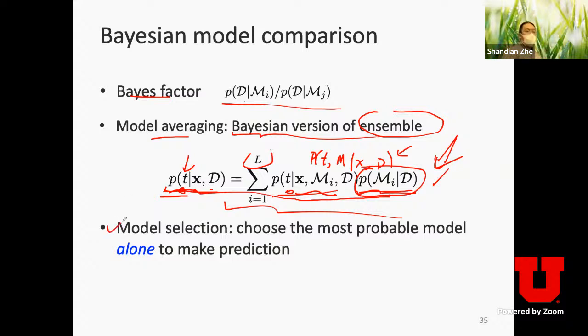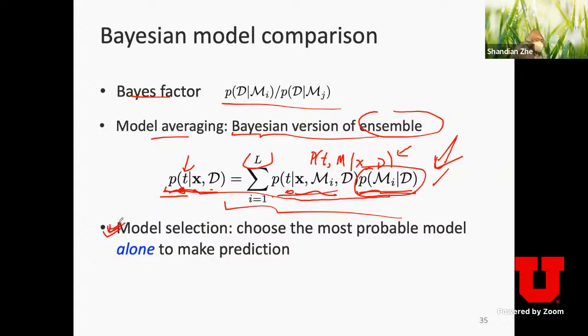And of course, sometimes we just want to do model selection. We just want to find out which model is the best fit for this particular application. I just want to pick that model alone and retrain it to make a prediction. So how can we do that?